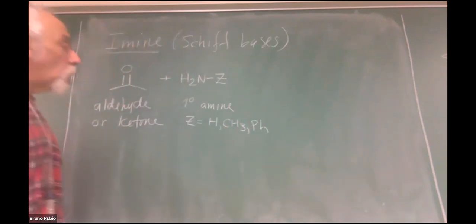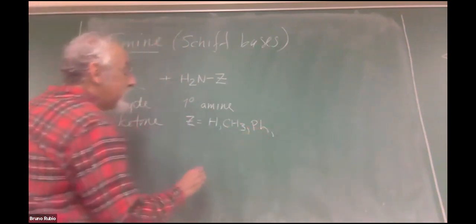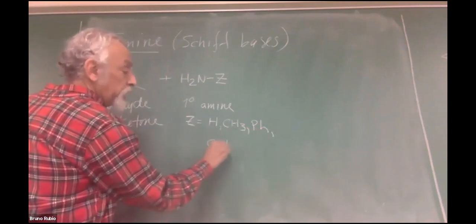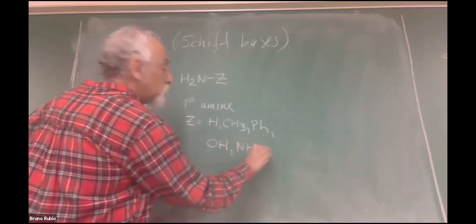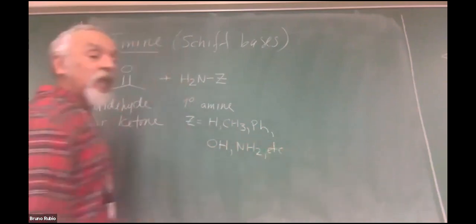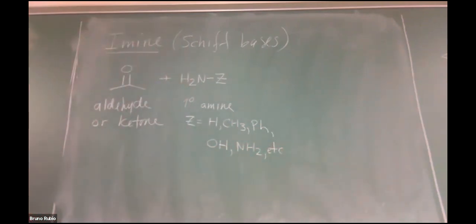Sure, why not? Or it could even be an OH group, or it could even be another NH2 group. It can be lots of things. That's not the business end of the molecule. The business end of the molecule is this NH2.